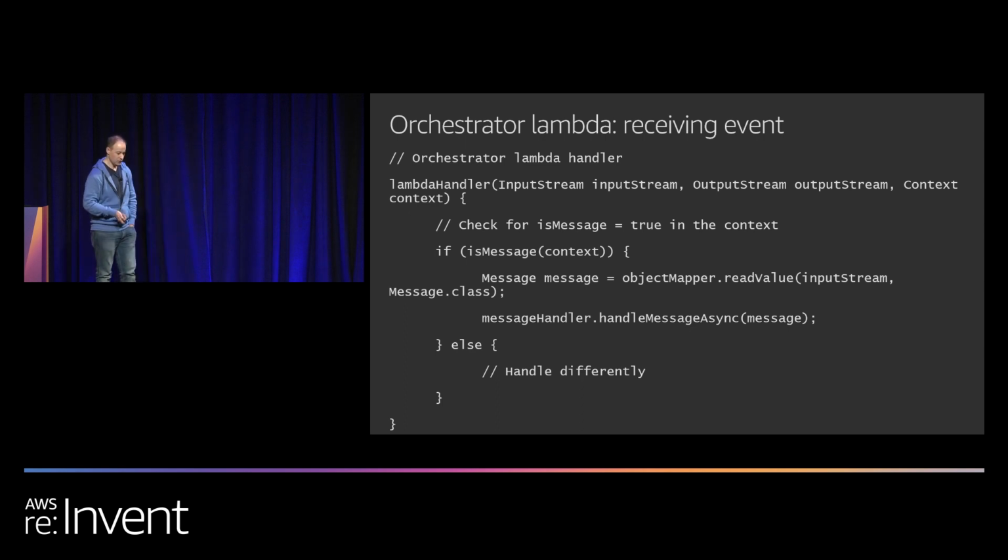And if you're looking closely enough, you'll see that I'm using something that looks like message handler dot handle message async. The reason I'm putting that there is that this is something that we found to be a very useful pattern. When we are using these long-running lambdas in Greengrass, we typically have some cases where these messages might kick off a long-running process.